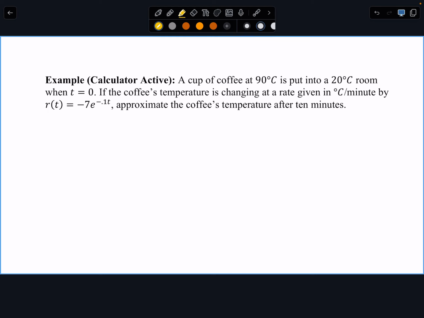Well, doesn't that mean we want to know what the change in temperature was from t equals 0 to 10 minutes later?